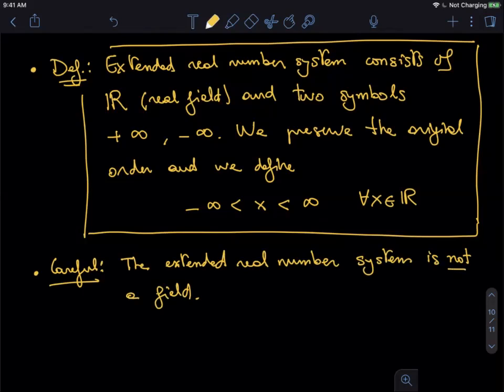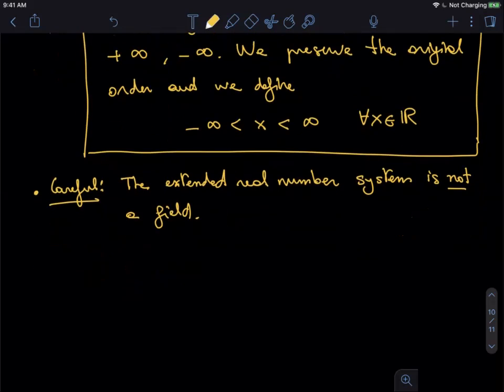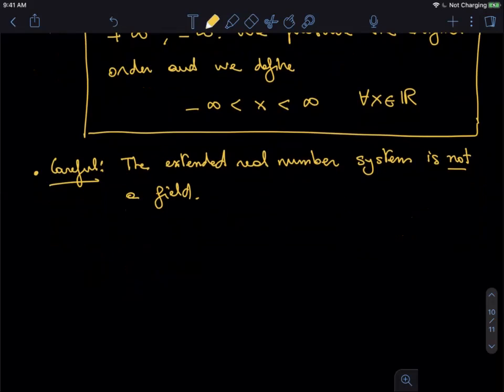In the sense that the real numbers without plus and minus infinity, that's a field. But when we add the two symbols, that's a different story. Okay, so those are plus and minus infinity, what I was saying before, those are not numbers.